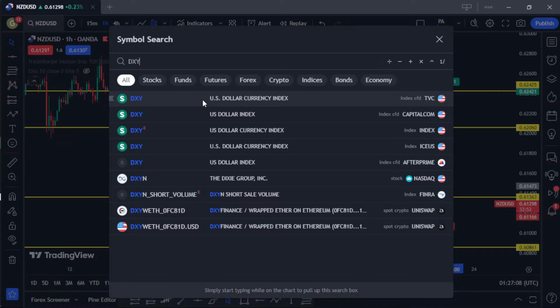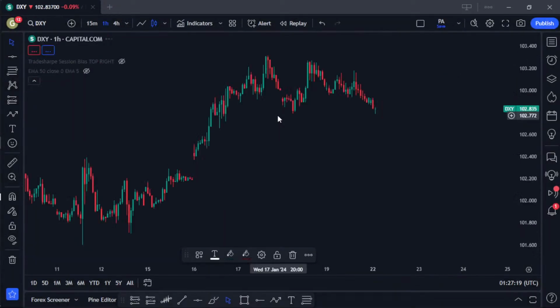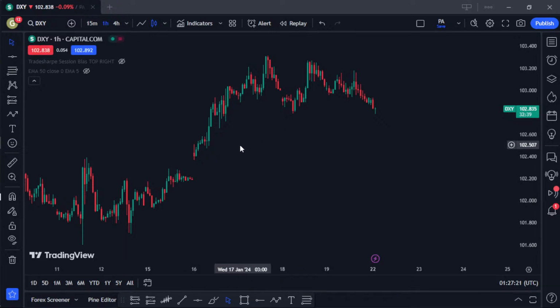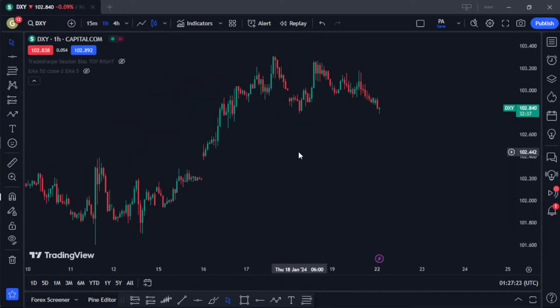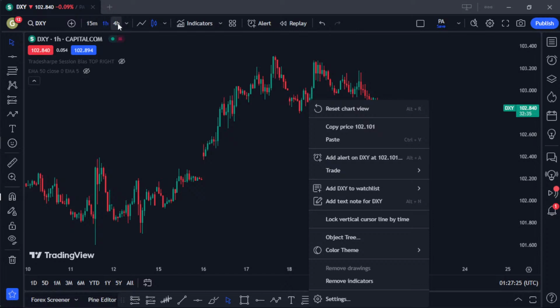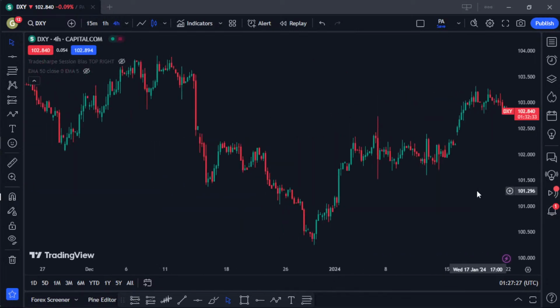So it's like you are fond of trading indices a lot. So we have the DXY, okay, CFD, which is TVC. Let me look for the information from capital.com. So let me go back to the 4-hour chart to get a better view.